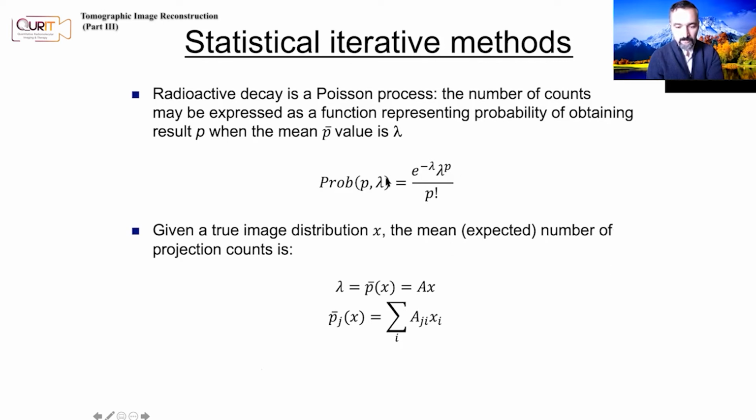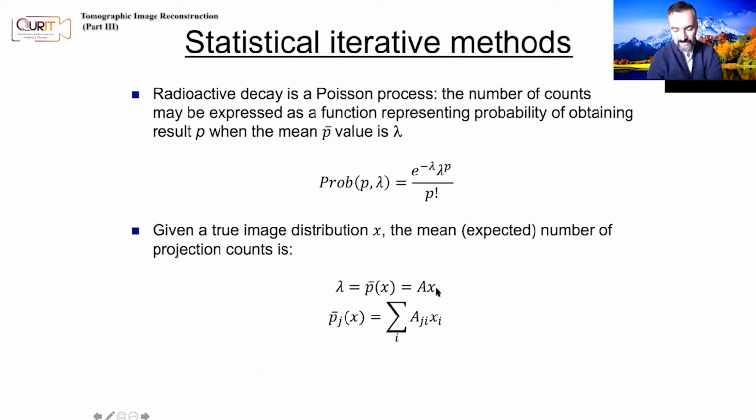Now, how do we model the expected value? Think tomographics and forward projection. Well, the expected, the mean number of counts in the projection space can be given by this formula. So you're kind of casting the question like this.